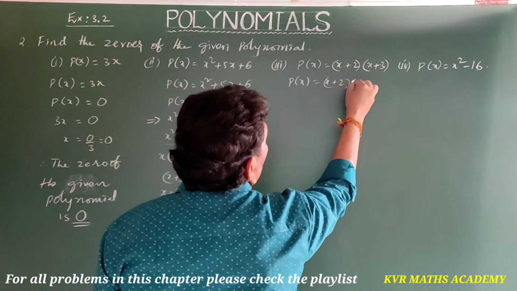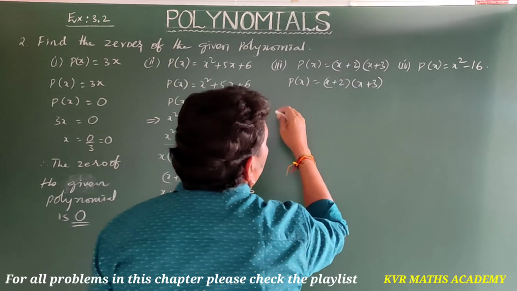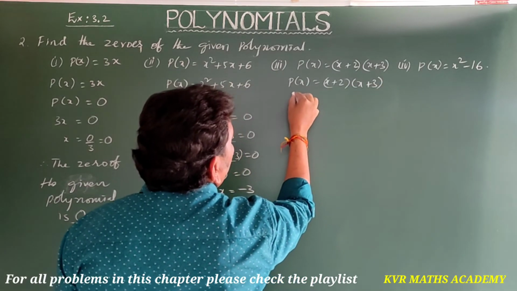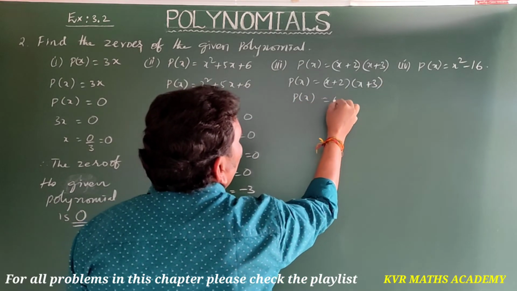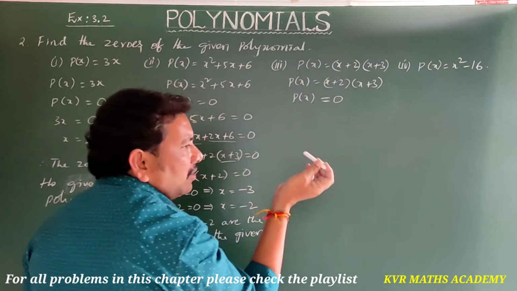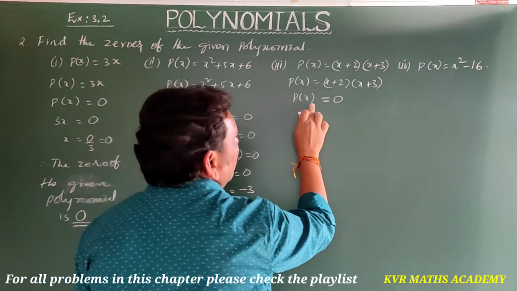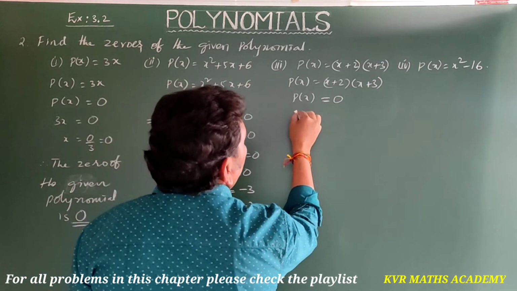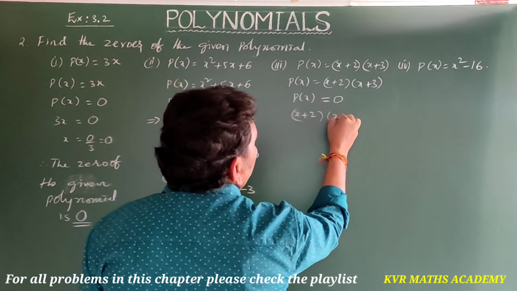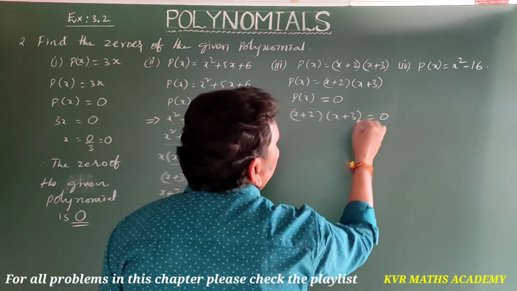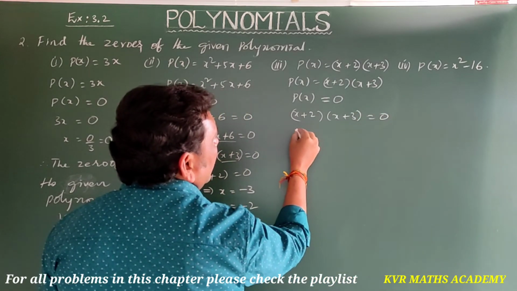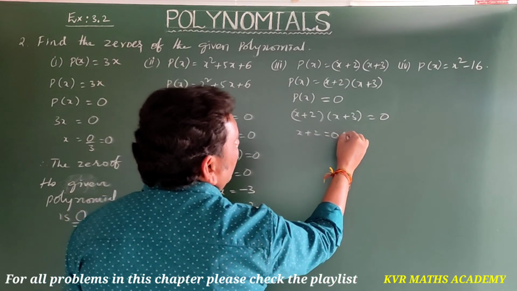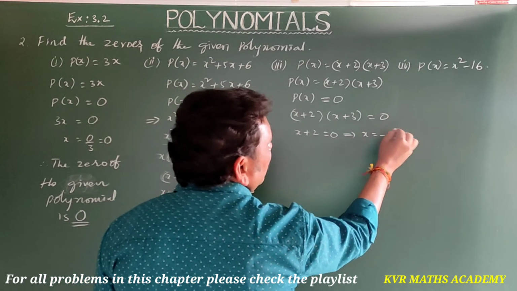x plus 2 into x plus 3, right? So let P of x is equal to 0. Why? We should find the zero values. So that's why we have to equate P of x to 0. That implies x plus 2 into x plus 3 is equal to 0. So x plus 2 is equal to 0, that implies x is equal to minus 2.